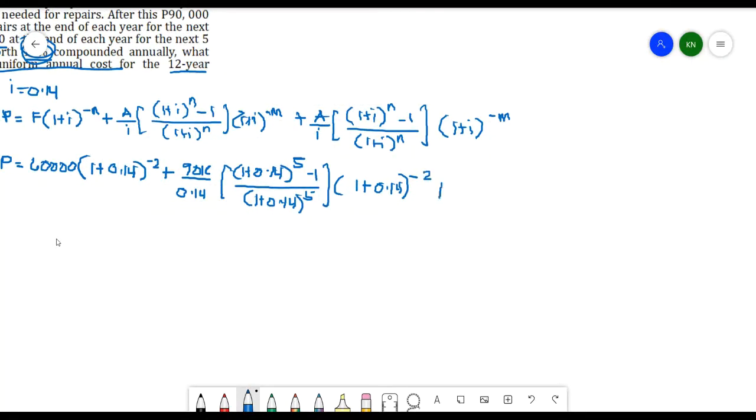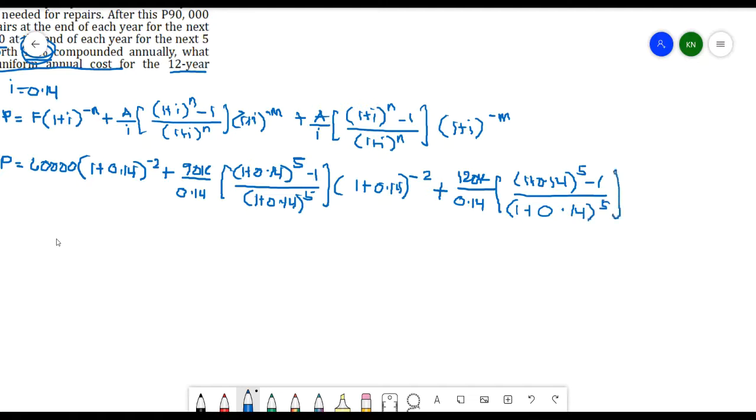The next one is for the 120K, the same process as the 90K. So we have 120K all over 0.14, multiplied by 1 plus 0.14 raised to 5, since there are 5 payments made for 120,000, minus 1, all over 1 plus 0.14 raised to 5.